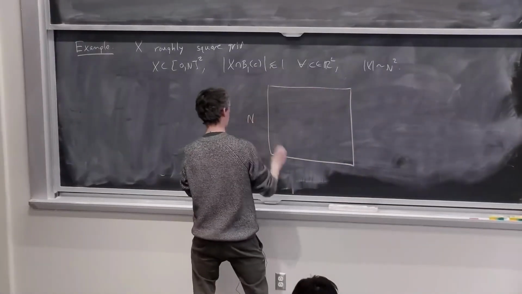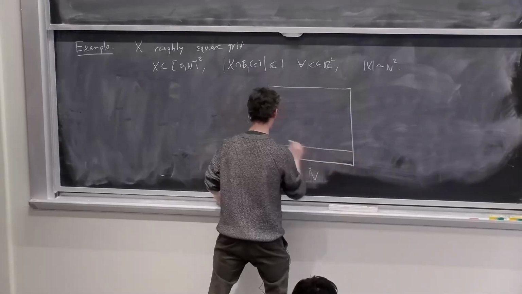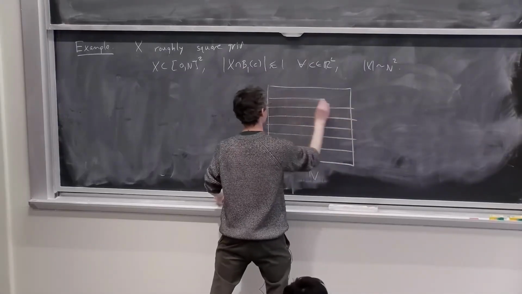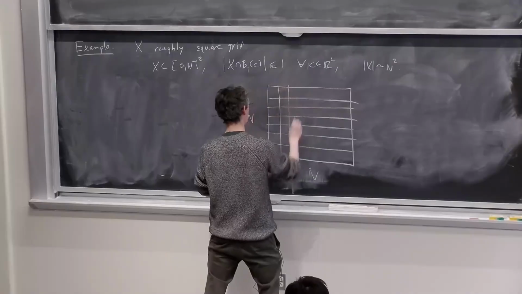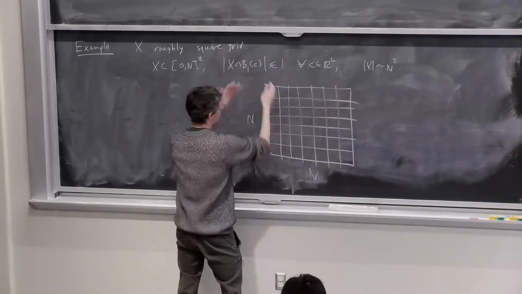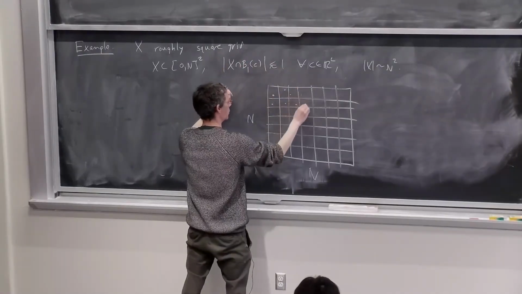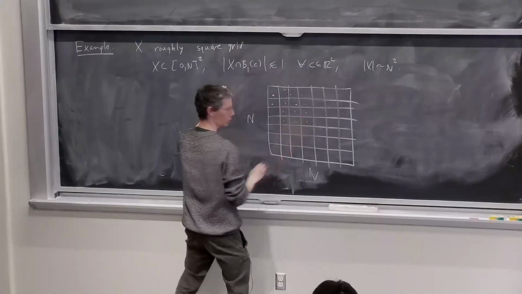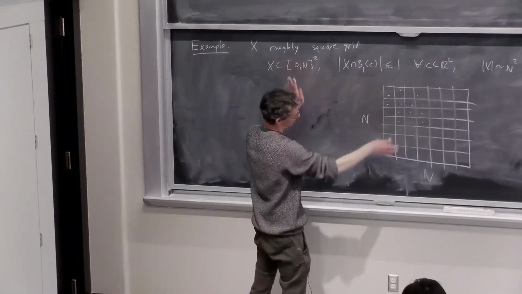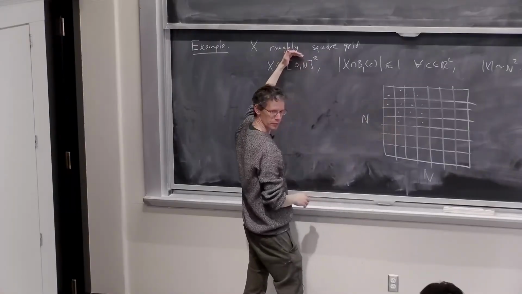I have an n by n box, and let me imagine cutting it like a checkerboard into unit squares. This tells me that I have on the order of 1 point of X in each unit square. So this is a class of sets that I call roughly a square grid.